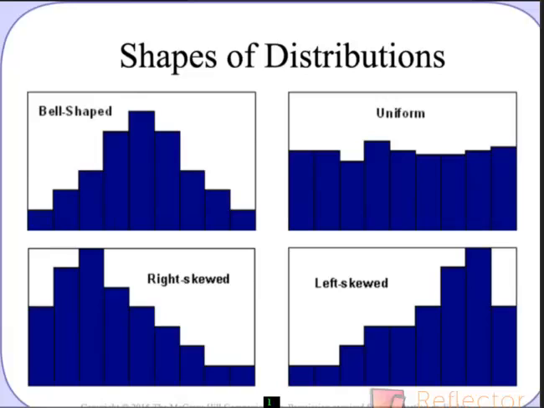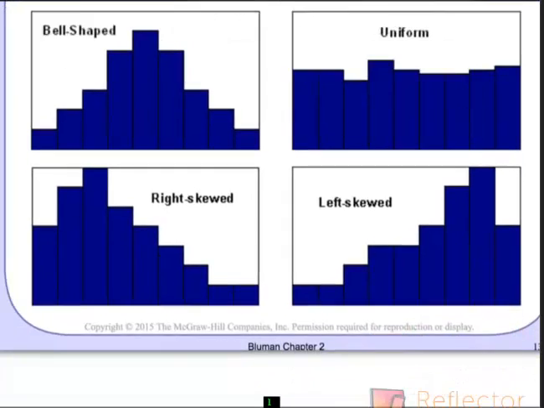A right skewed, it starts out going up and then it comes down and has this little tail on the right hand side. Wherever the tail is, that is which direction it's going to be skewed. So if the tail is on the left hand side, it's what we call left skewed.